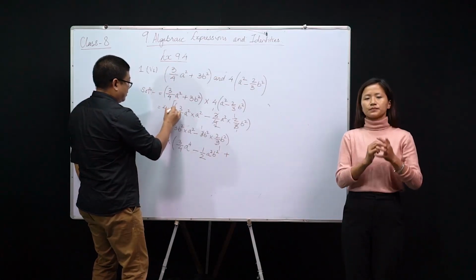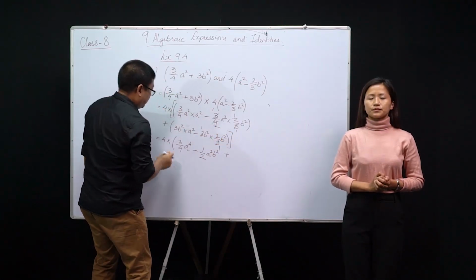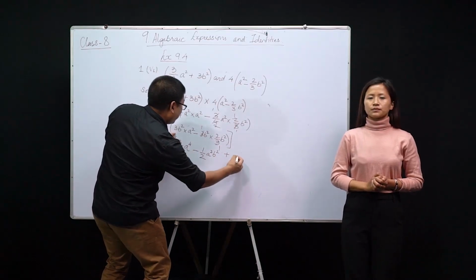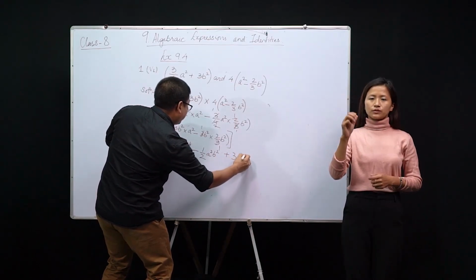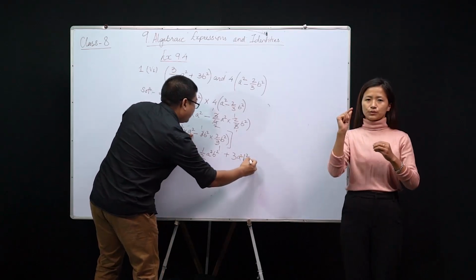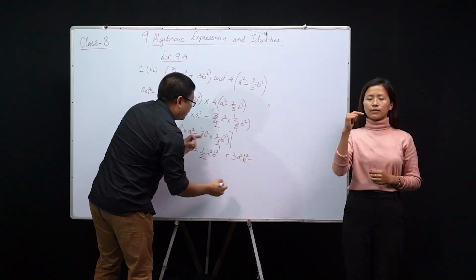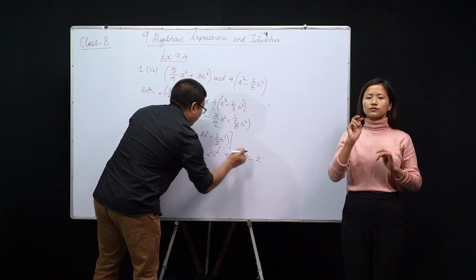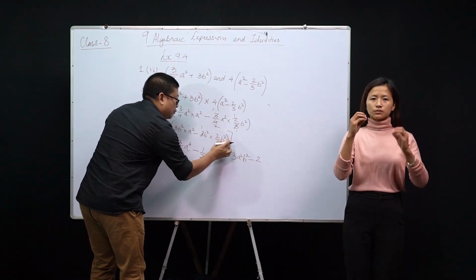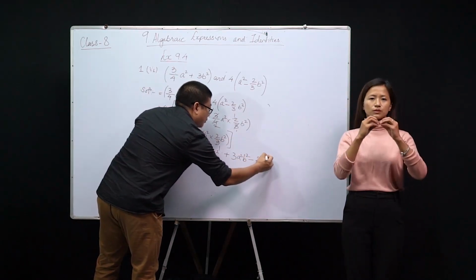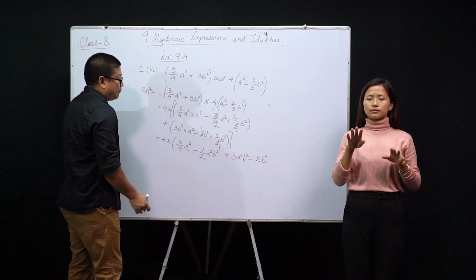Plus you will write 3a square b square minus, you only have 2 here, so 2 and 2b, that means your b will become 4, right?